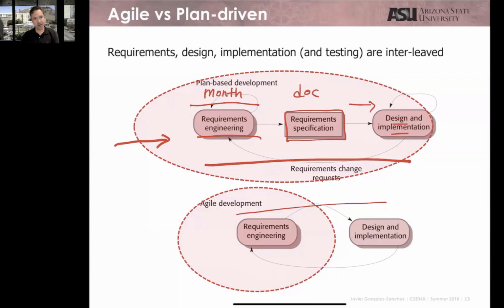And obviously, that is going to be the beginning of testing and delivery also. And this is going to be months. A lot of time, a contract, a lot of time. What happened with Agile is this idea of requirements, planning.